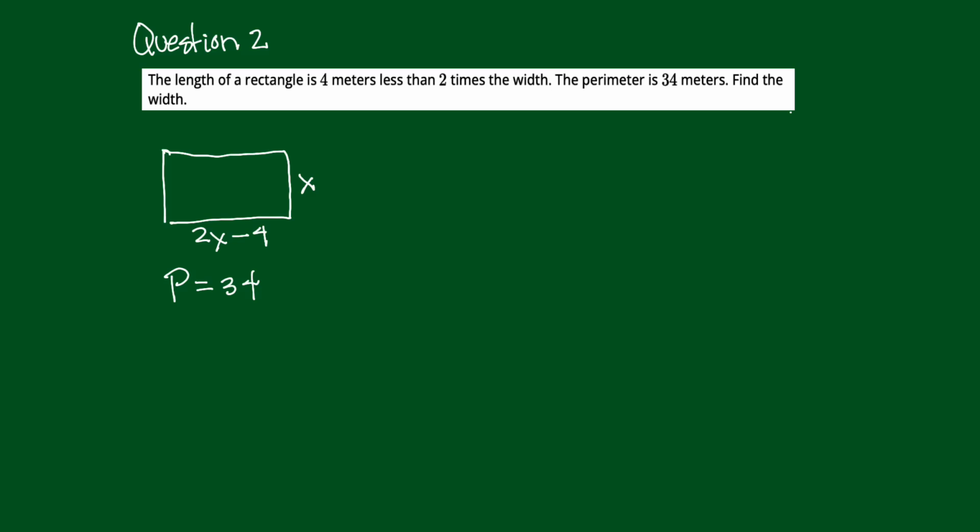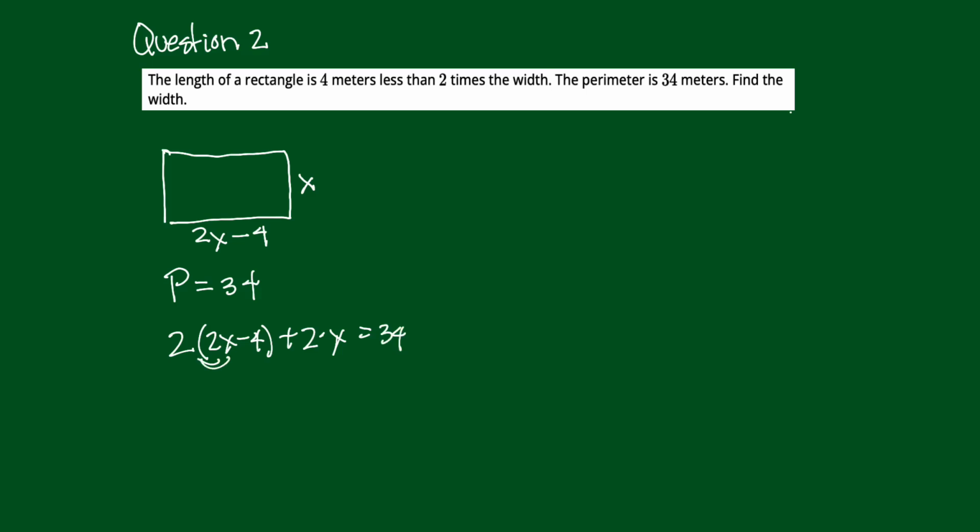I'm going to say the perimeter is 2 times those 2x minus 4s plus 2 of those x's. Does that make sense? You have this one and this one, so I have 2 of those, plus 2 of these, so 2 of those x's. All right, and that's all equal to 34.